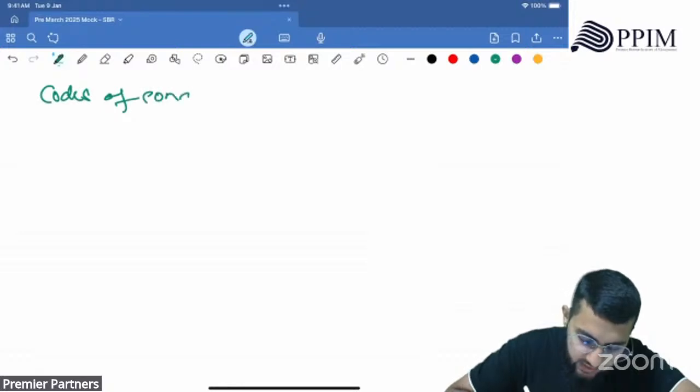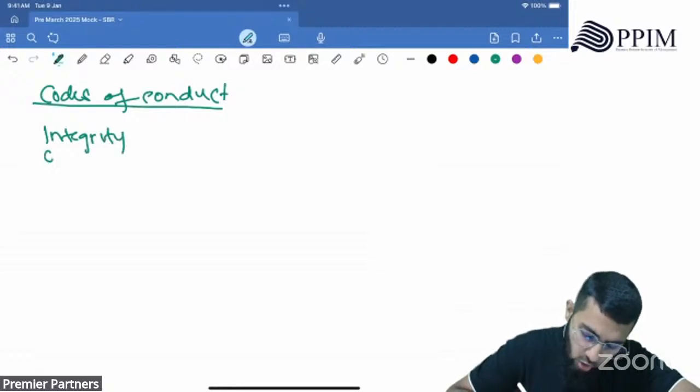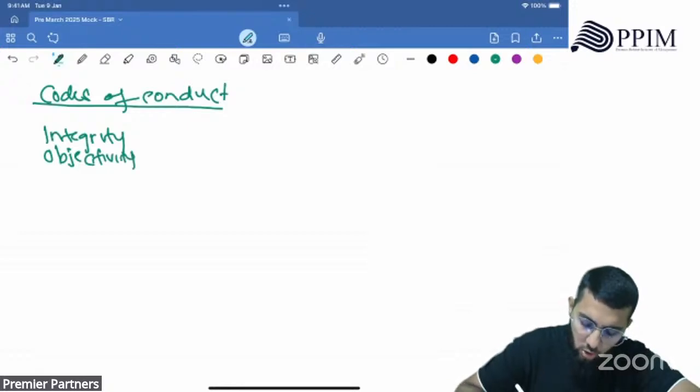So your response can revolve around this entire area. What are the codes of conduct? So we have integrity, objectivity, confidentiality.